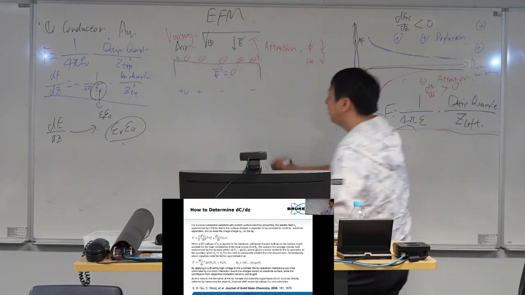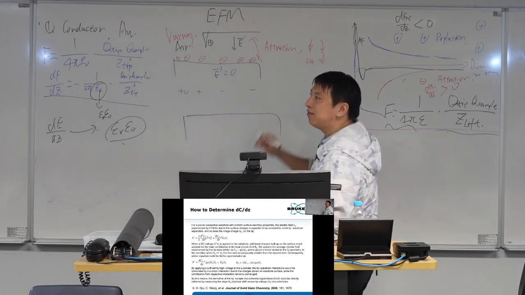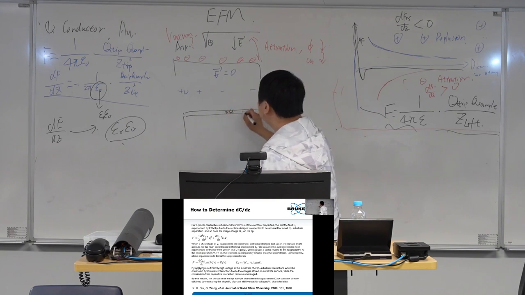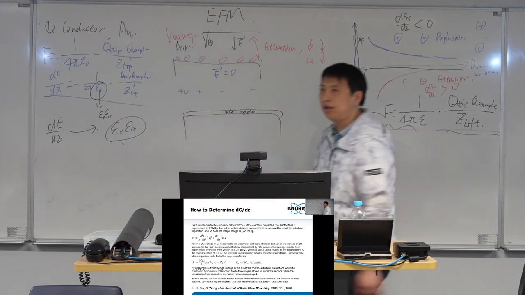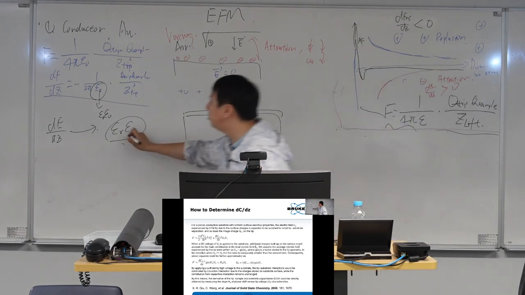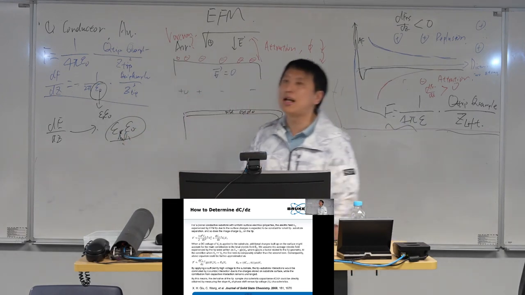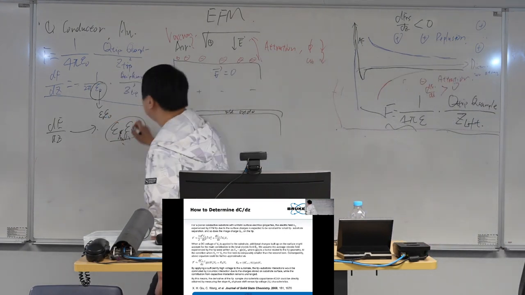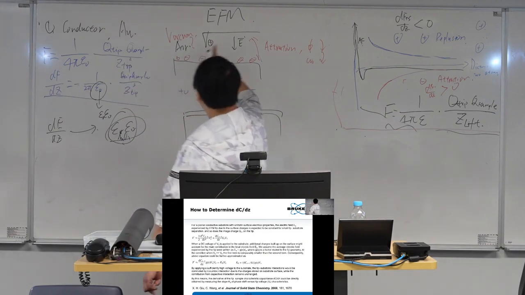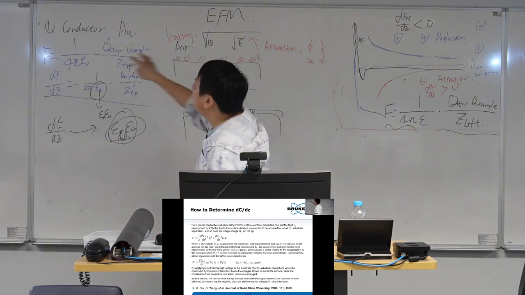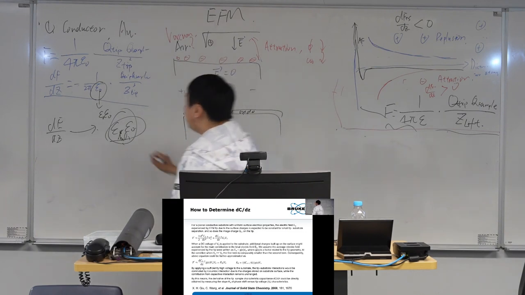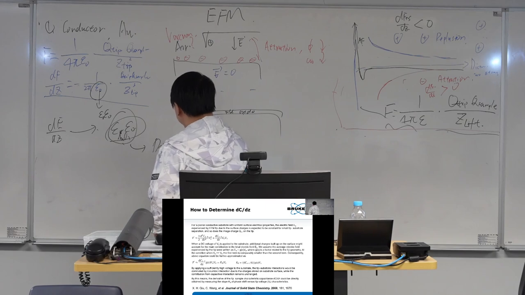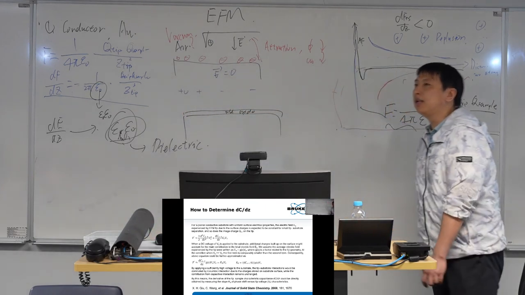So if we have the vacuum, it's something like that. And what's next? If we have a quite thin layer of gold oxide, this term will be the gold oxide, right? So we actually detected this thing. So this EFM on a conductor, we are actually studying the dielectric.